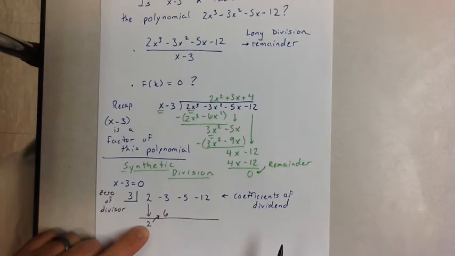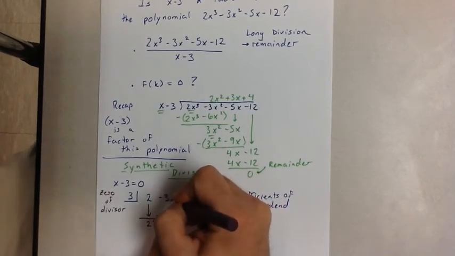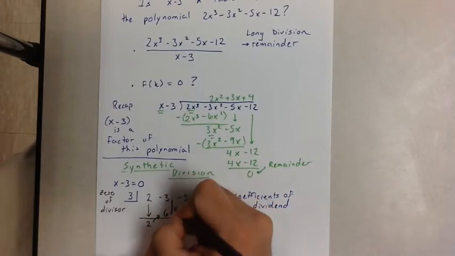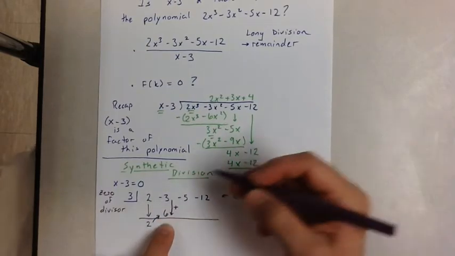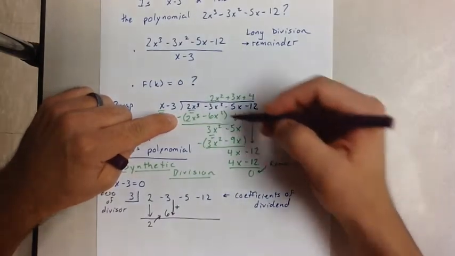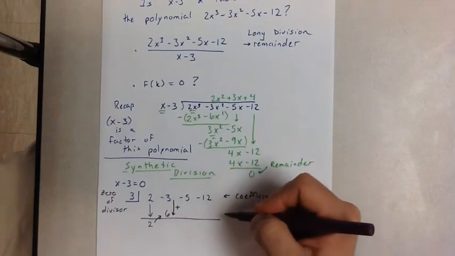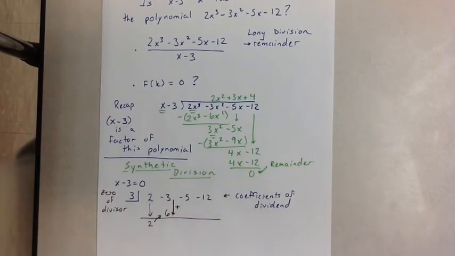Okay? Now the next situation, we take negative 3 and we add these two together. So much like in long division we were subtracting each line, here we add. That's one difference: we add in each situation. So negative 3 plus 6 is positive 3.